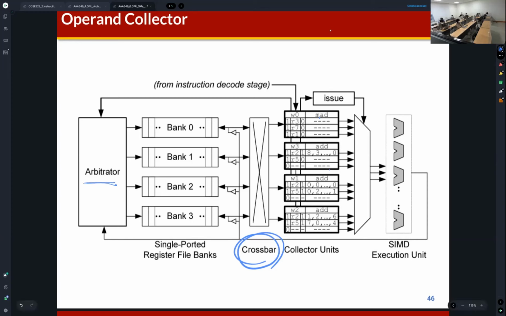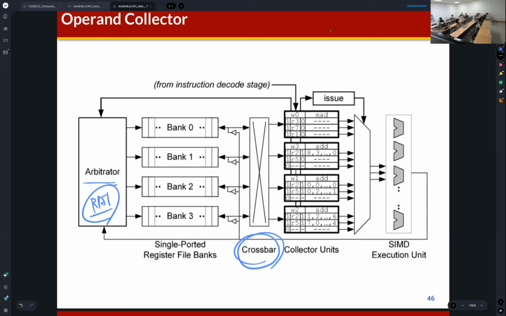This arbiter is very similar to the register rename table in the CPU. From the multiple banks, through the crossbar, the read data is connected to the operand collecting unit.